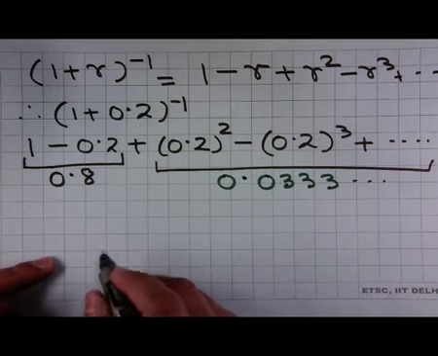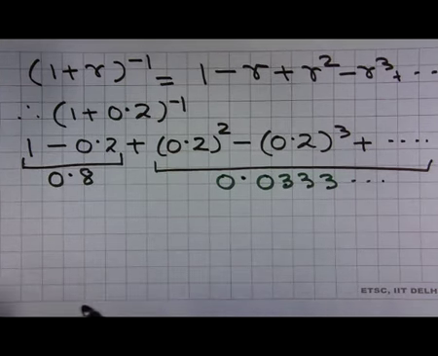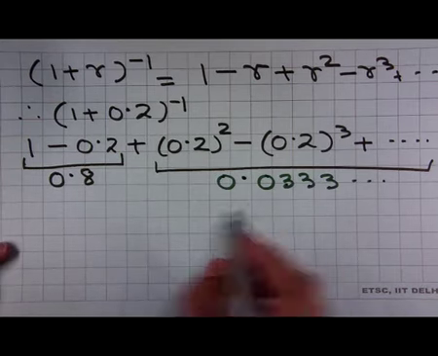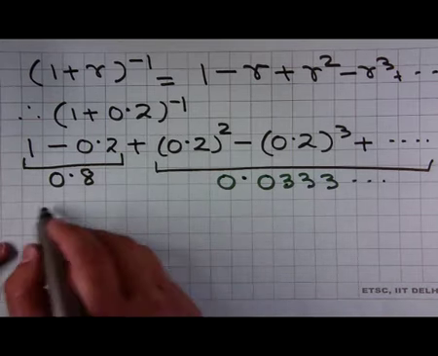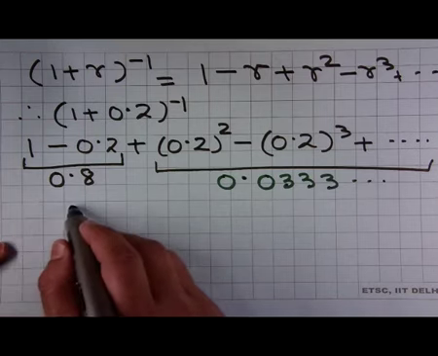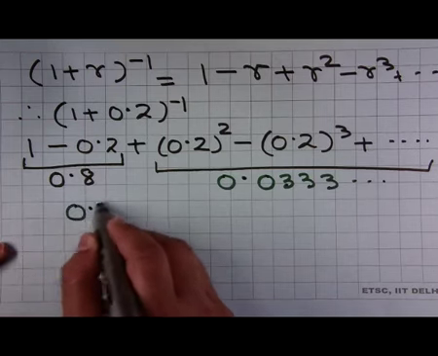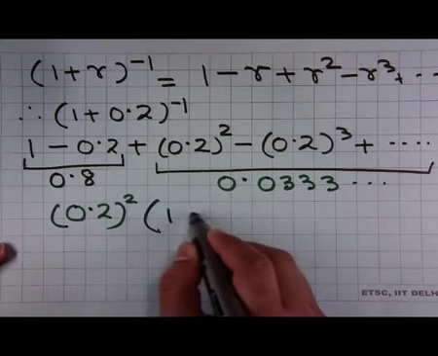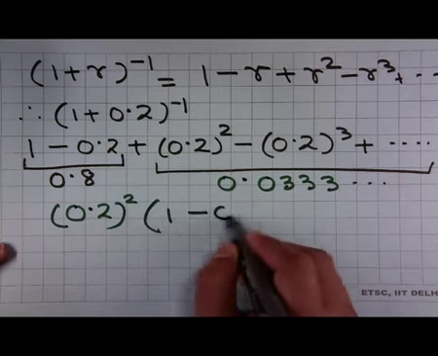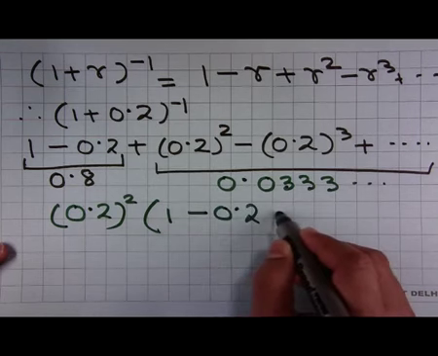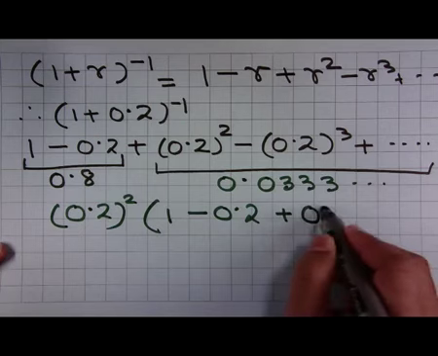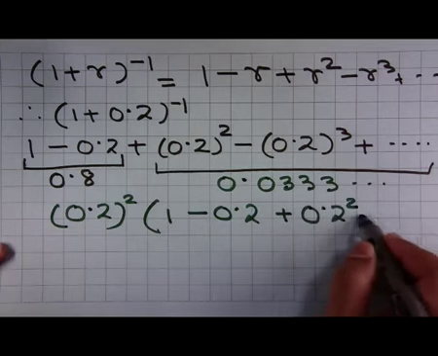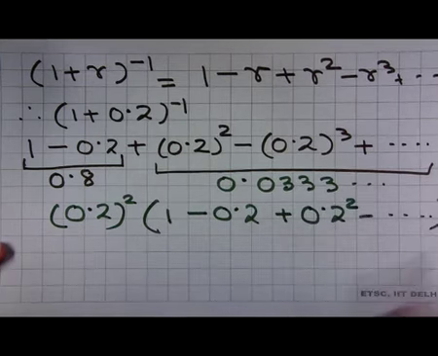All right. So, this is what we need to check, and like the previous problem, we can look at it as a geometric series. It is 0.2 whole square into (1 minus 0.2 plus 0.2 square minus, like that).